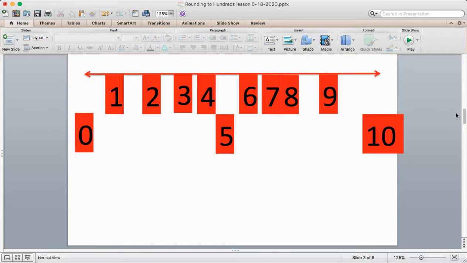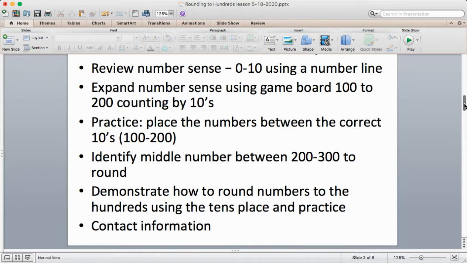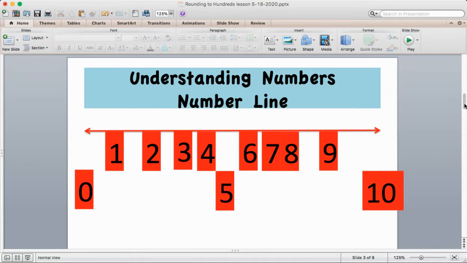So the first thing that we're going to do is understand numbers by using the number line. We did this once before, about 2 weeks ago, for tens when we're rounding to the tens. Today we're rounding to the hundreds, but this is very basic and it's really building your number sense.